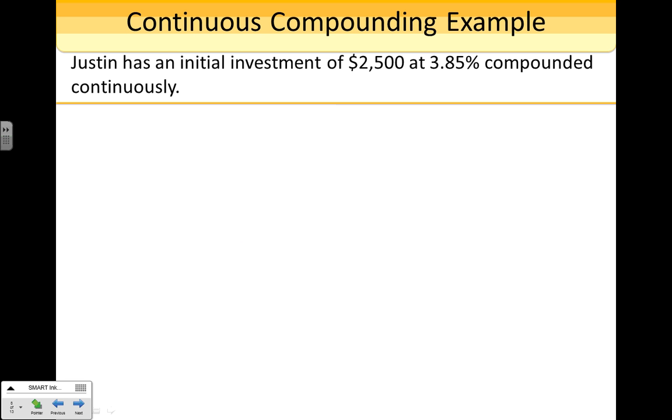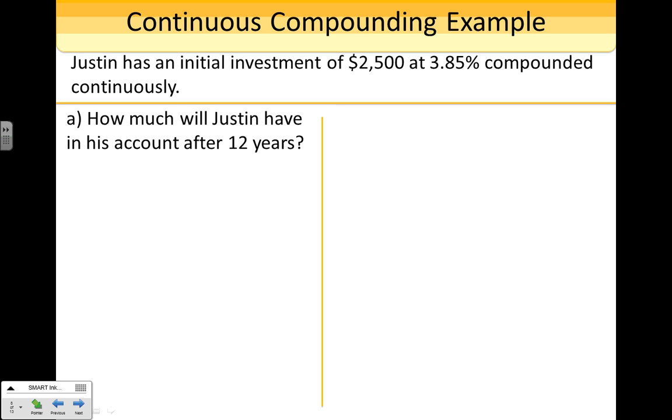All right, so let's do an example. Justin has an initial investment of $2,500. His interest rate is 3.85, and it's going to be compounded continuously. So there's no set number of times in the year that his interest will be compounded. So our question is, how much will Justin have in his account after 12 years?